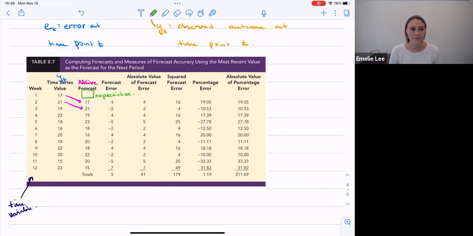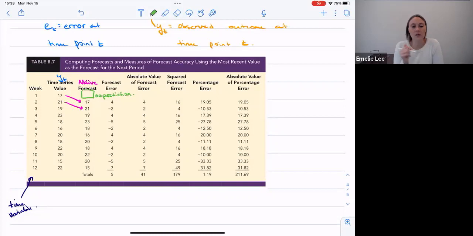And that's fine. We just have to discount the first week. We still use it as our forecast for the following week, but we can't get a forecast for every data point.